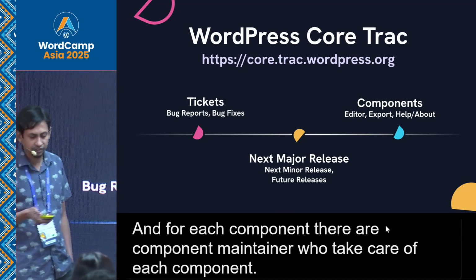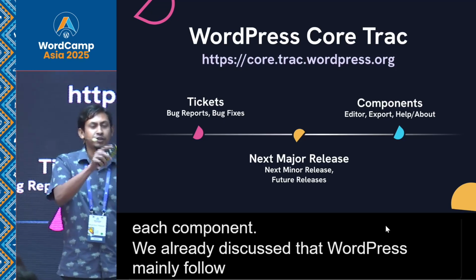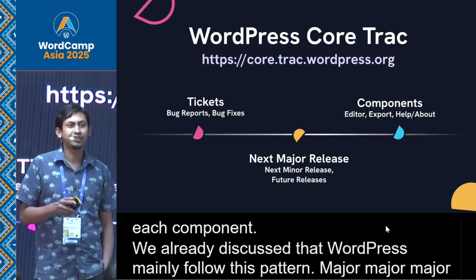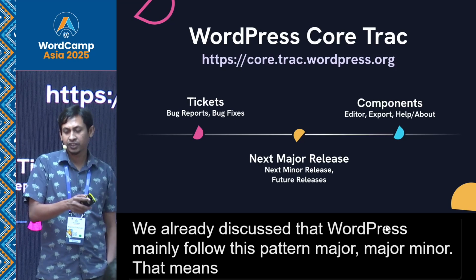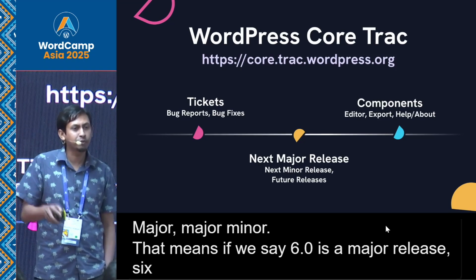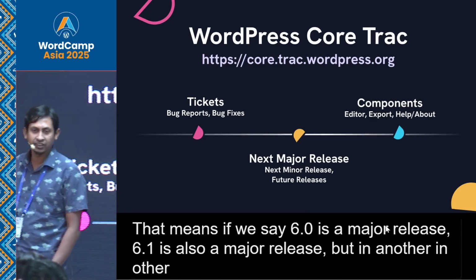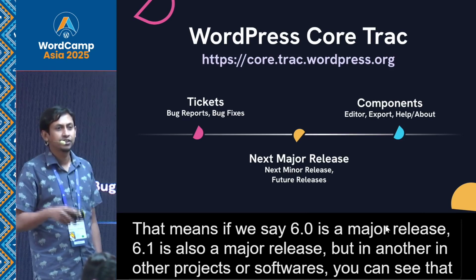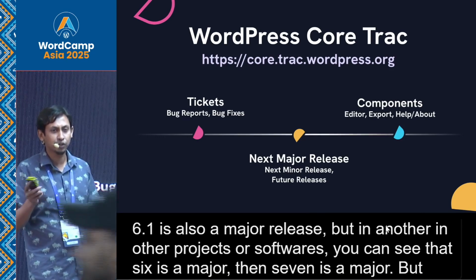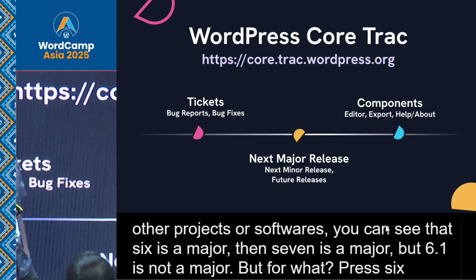We already discussed that WordPress mainly follows this pattern: major dot minor. That means 6.0 is a major release, and 6.1 is also a major release. But in other projects or software, 6 is a major, then 7 is a major, but 6.1 is not a major. For WordPress, 6.1 is also a major release.